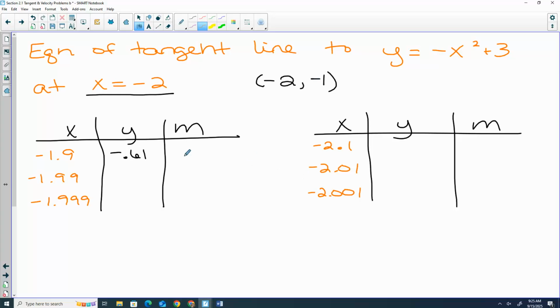And what do you get for that slope? Anybody else get something different? I got 3.9. Make sure when you do those minus the negatives, it'll turn into a positive.